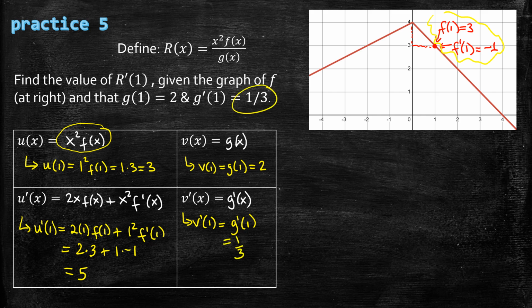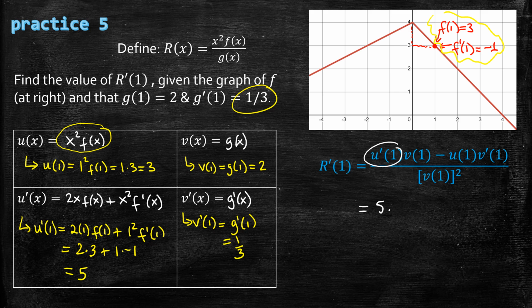So now I'm going to pull up the quotient rule, but with 1 input as the value of x, so that then I can just use these values to make an easy substitution. So u prime of 1 is 5, times v of 1 is 2, minus u of 1 is 3, times v prime of 1, which is 1/3.